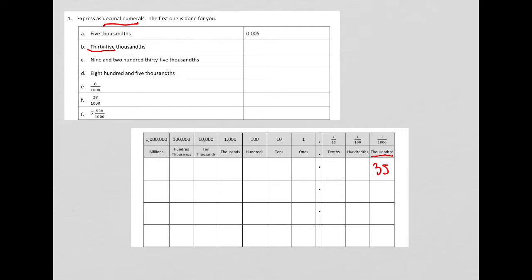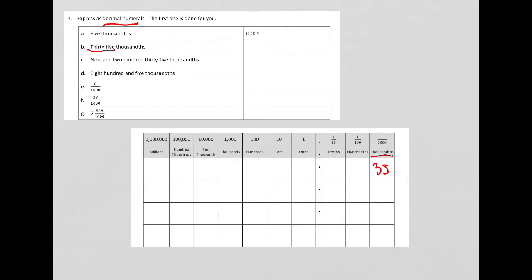I can't have 35 being one column, because really those 30 thousandths need to be cashed in for hundredths. I can take 10 of them and cash them in for hundredths, and I can only have one digit in each column. 35 needs to be split up.